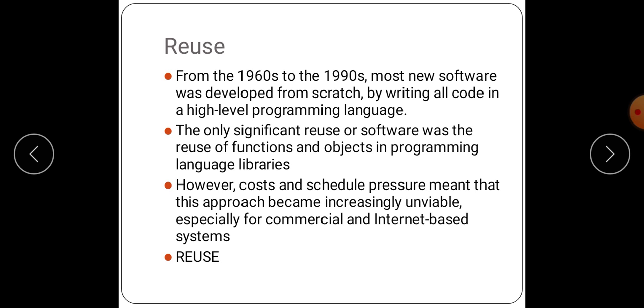So we adopt reuse: we can reuse the function objects in the programming libraries. However, cost and schedule pressures mean that this approach becomes increasingly unavailable, especially for e-commerce and internet-based systems.